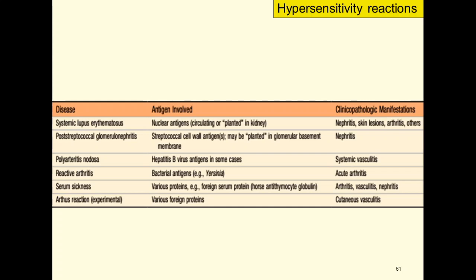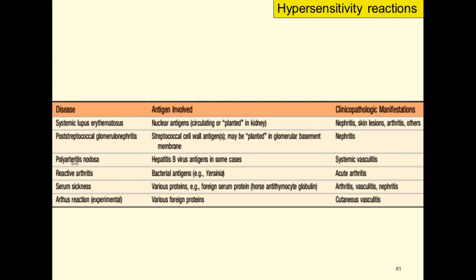Why does it happen? The main reason is we have accumulation of the immune complexes in the blood. And these immune complexes just settle in the glomeruli of this patient and cause glomerulonephritis.